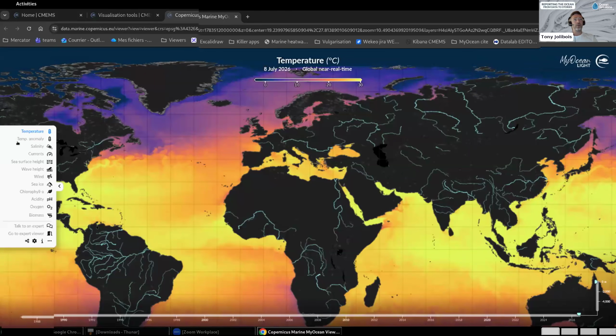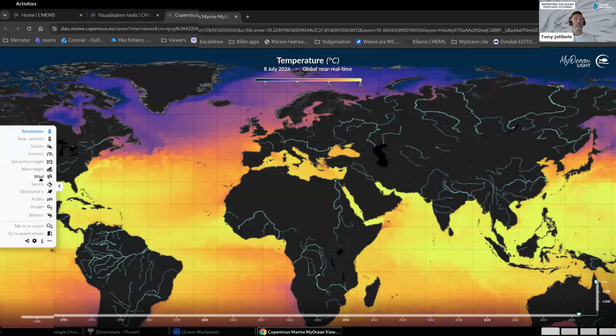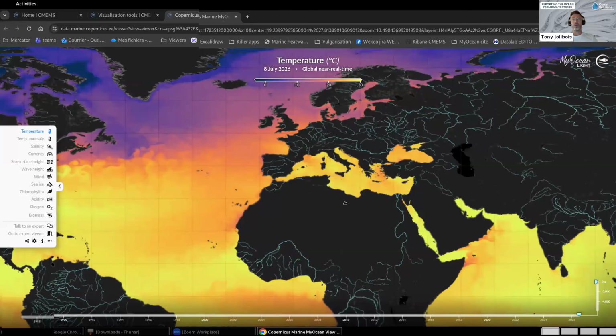So including blue ocean variables: temperature, salinity, current, sea surface height, but also the white ocean, the sea ice, and the green ocean, the biogeochemical parameters of the ocean. It's very quick and easy, I think.